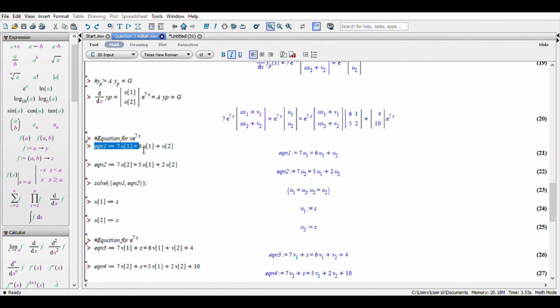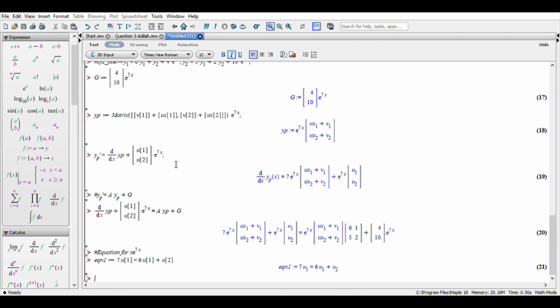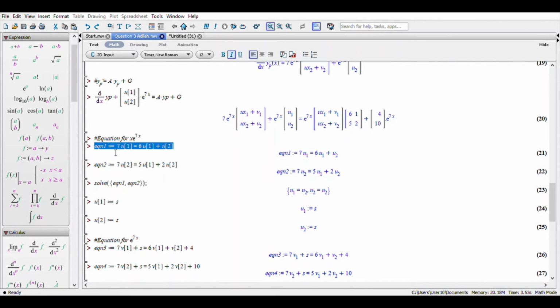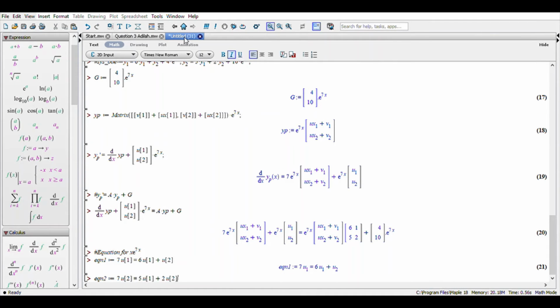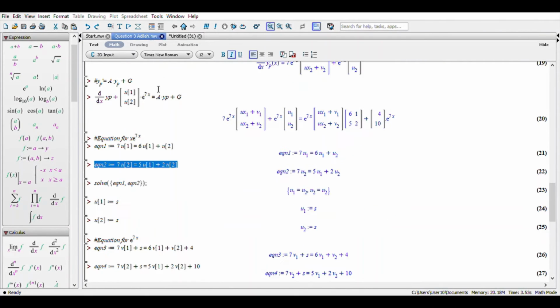The equation 1 that we will get from the real calculation is 7u1 equal to 6u1 plus u2. And then the second equation is 7u2 equal to 5u1 plus 2u2.